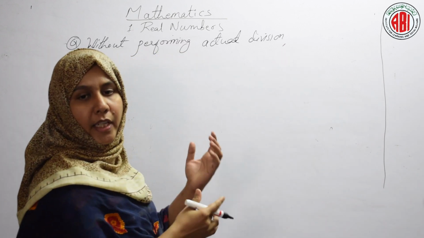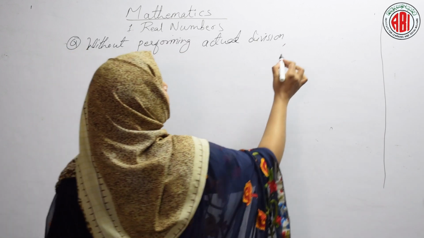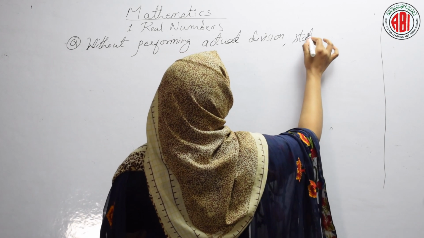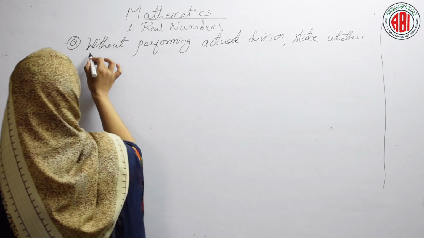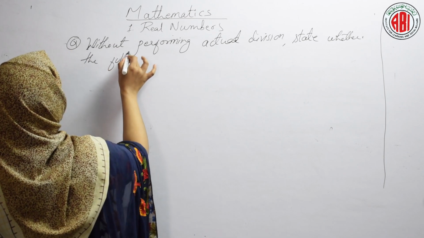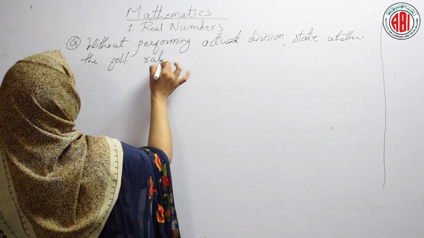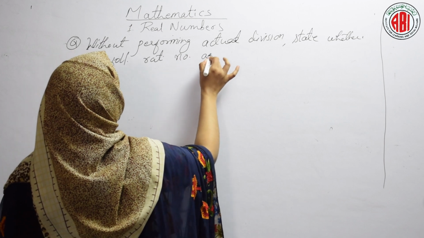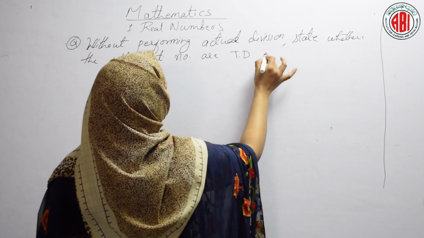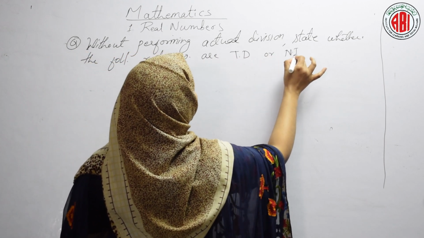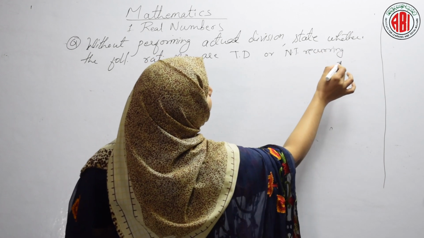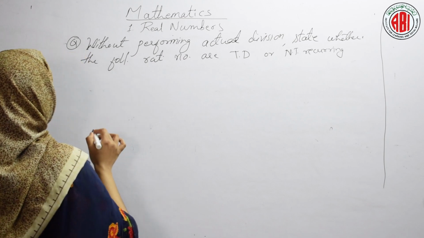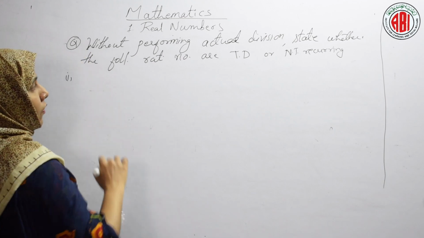Without performing actual division, state whether the following rational numbers are terminating decimal or non-terminating recurring, or we can say repeating.